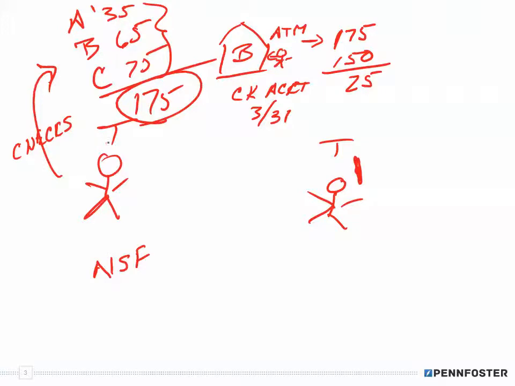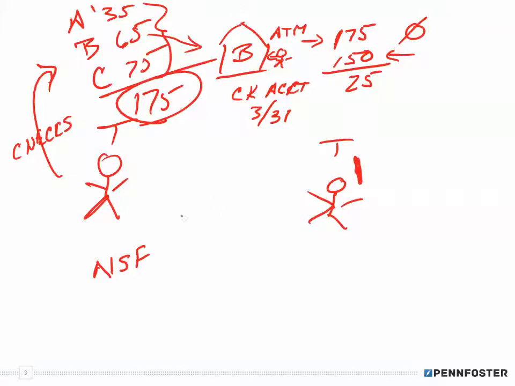In other words, she put them in the mail for the amount of $175, and those checks hadn't made it to the companies, and the companies hadn't taken the money out of her checking account. So in reality, instead of having a balance of $175, her balance, after all was said and done with those checks, should have been zero. Now that would have been fine if she hadn't gone and made a withdrawal of $150. But because she withdrew $150, now she was overdrawn.